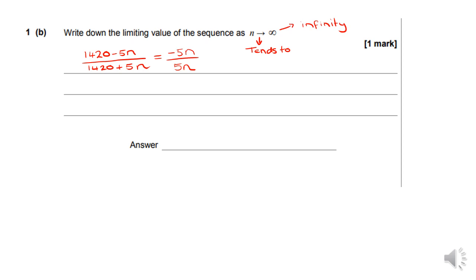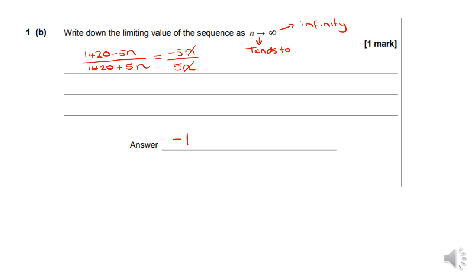So you'd end up with negative 5 over 5, because the n's would cancel. As n gets really, really big, you're just going to have a massive negative number divided by a massive positive number. So it's roughly negative 1, and you just get closer and closer to negative 1.